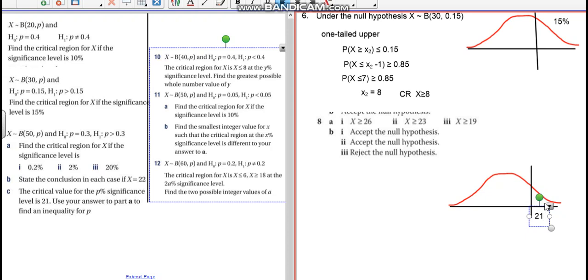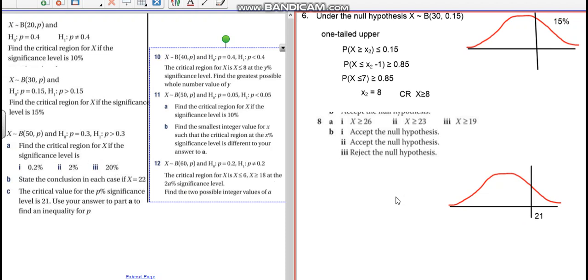At 20%, the critical value was 19, which is this side of 21. So 21 is between 23 and 19. Therefore, the significance value has got to be somewhere between 2% and 20%.